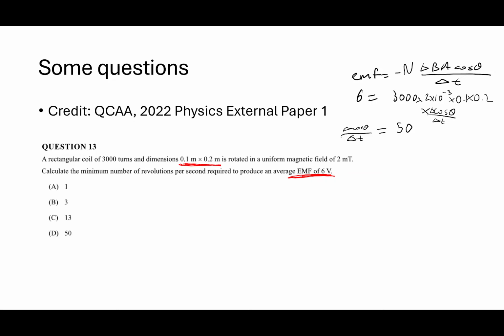T equals 1. Okay, you've got good thinking.